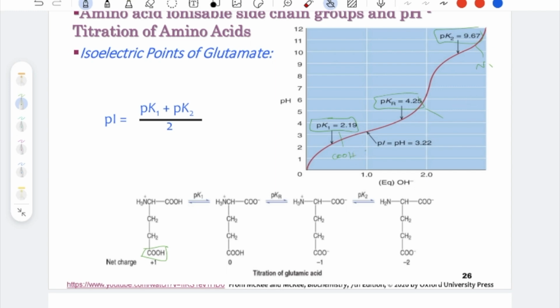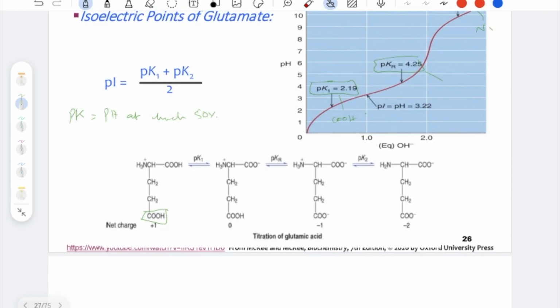So what is it exactly? pK is the pH at which 50% of, for example, here we're talking about the carboxylic acid, 50% of it is going to be protonated and the other 50% unprotonated. So for example, here the pK is 2.19. Anything greater than 2.19 is going to be unprotonated. Anything less than 2.19 is going to be protonated.